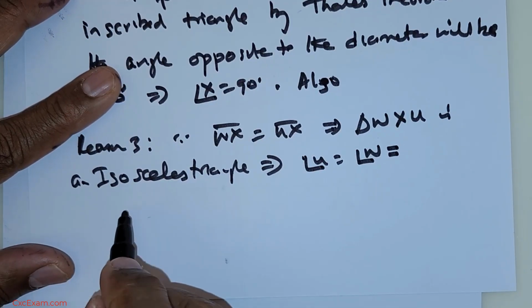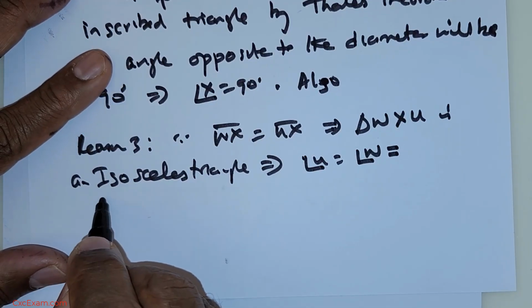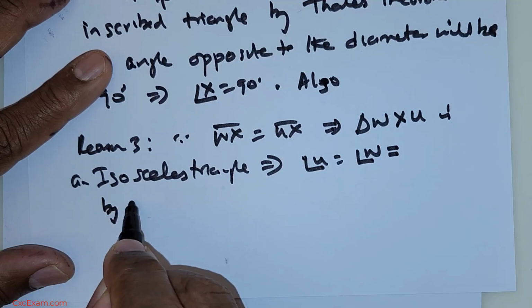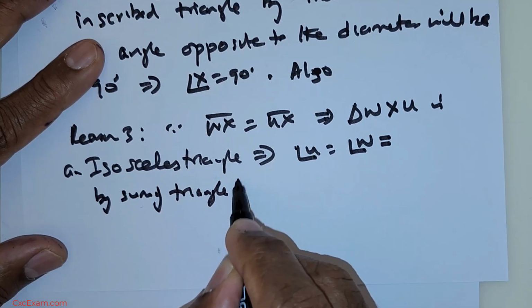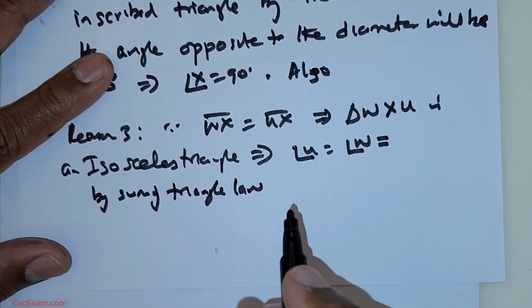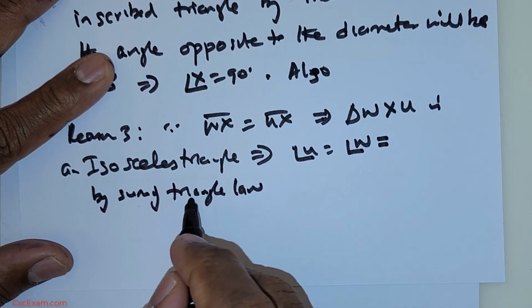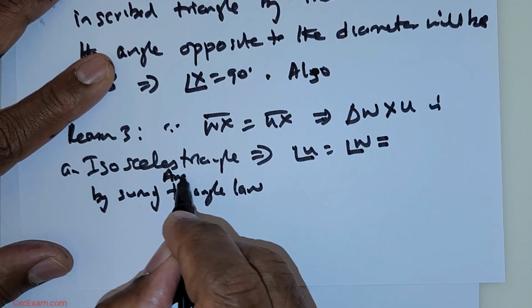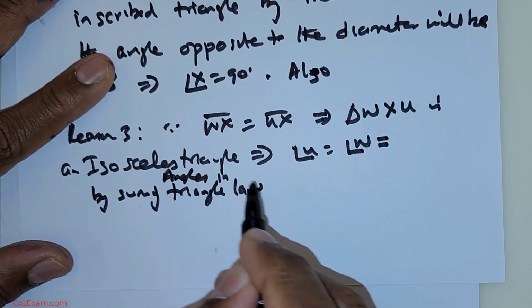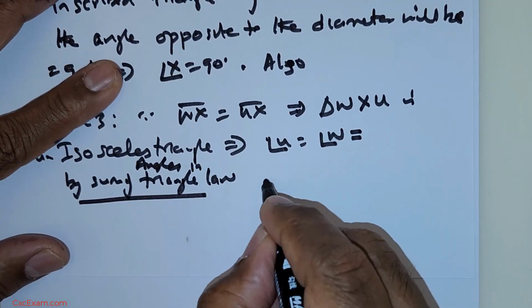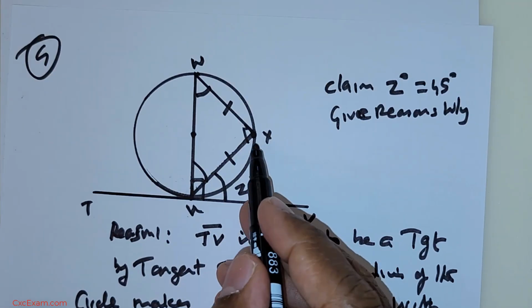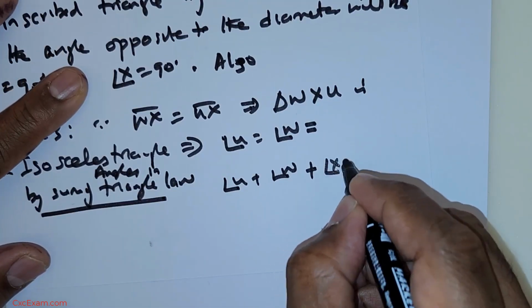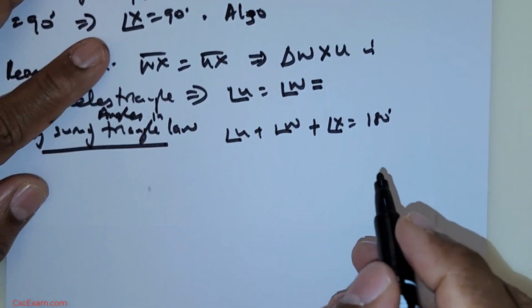How do we calculate that? I'm going to use the sum of angles in a triangle law. Angle U plus angle W plus angle at X is equal to 180.